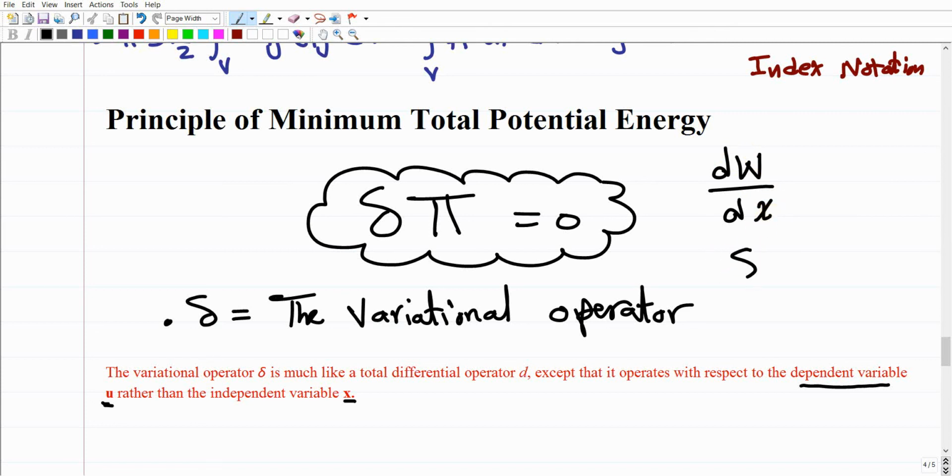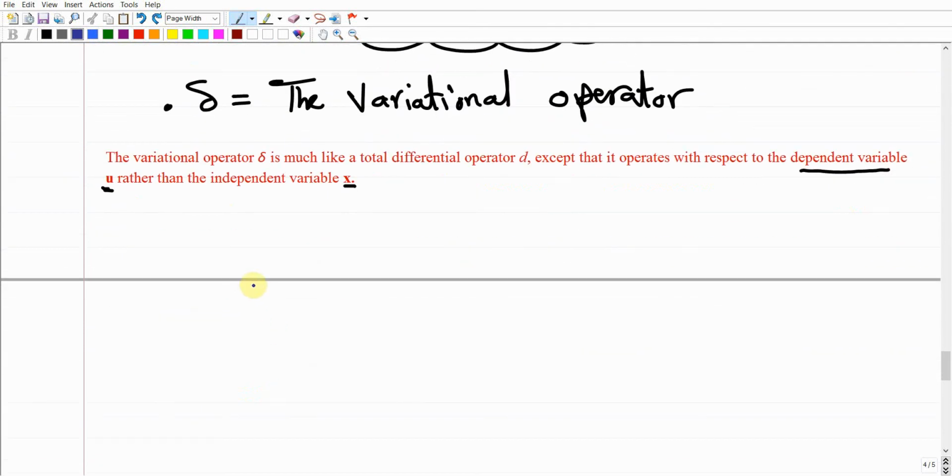But the delta of W, you are differentiating with respect to u, which is the displacement field, rather than finding the derivative with respect to x, which is the independent coordinate or variable in this case. Make sense? So this is one of the essential differences between delta, the variational operator, and d, the differential operator.